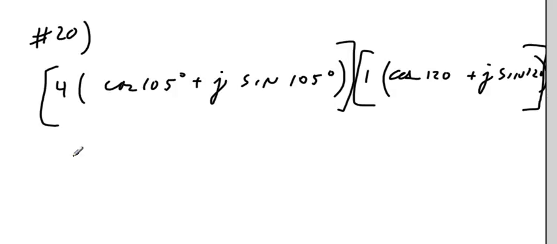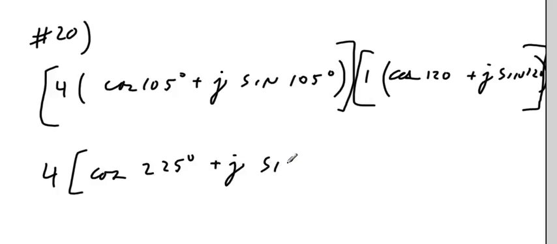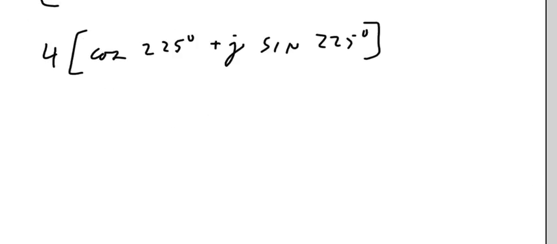So that being the case, 1 times 4 is 4. And I have the cosine of 225 plus j sine 225. And I could write that as 4 angle 225.